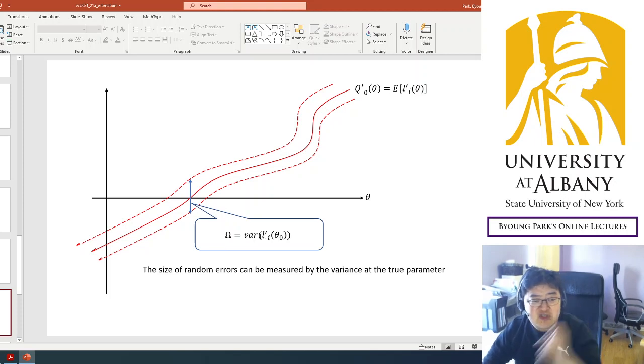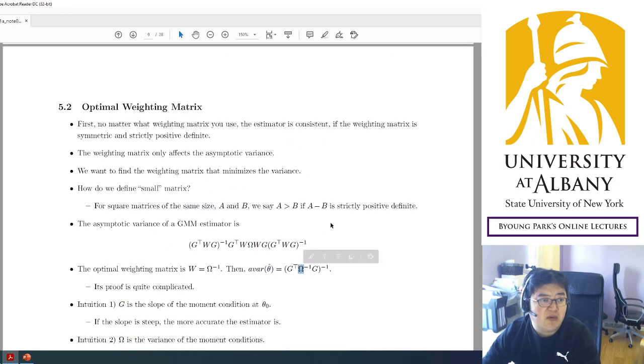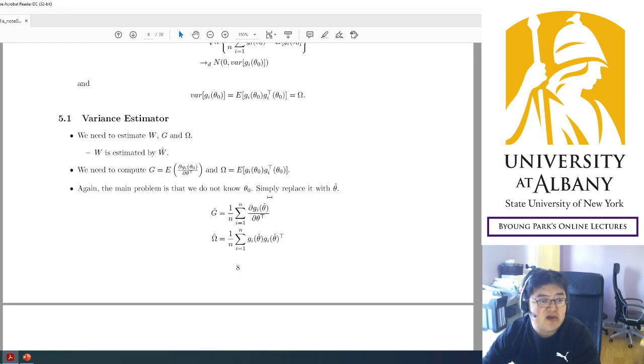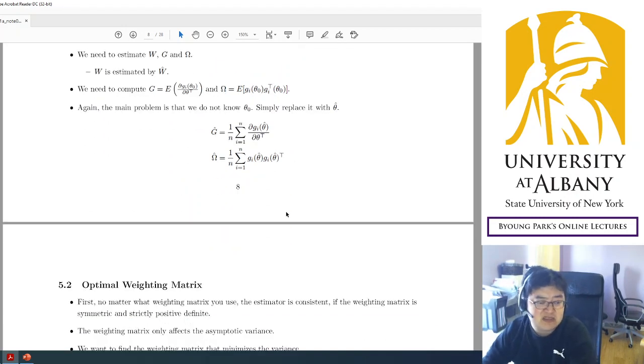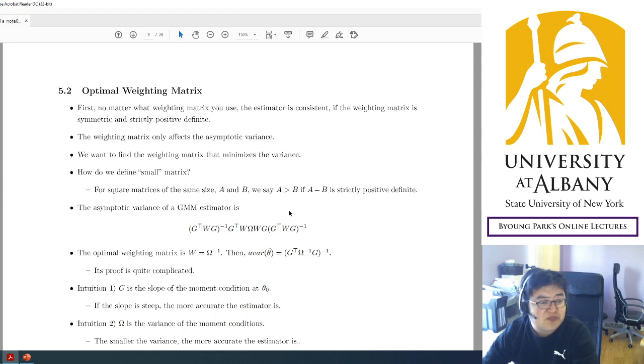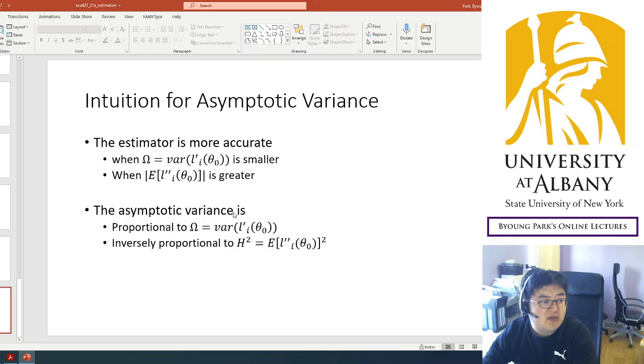Now, in the previous chapter, it was about the variance of L prime, the derivative of the log likelihood function in MLE, but now omega is the variance of the moment function itself, right? The moment function itself is associated with the variance. Think about the derivative.